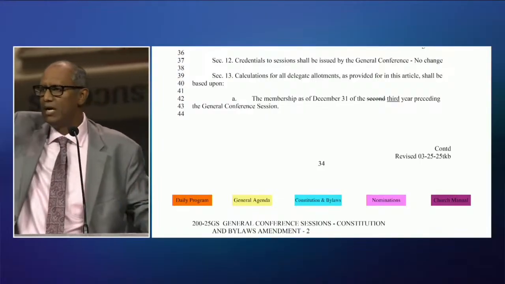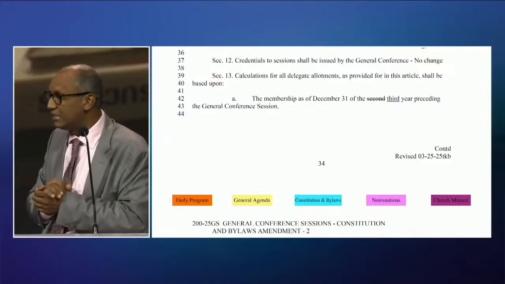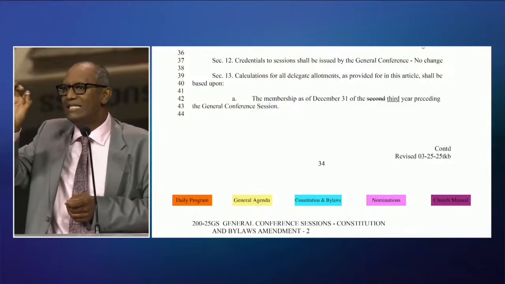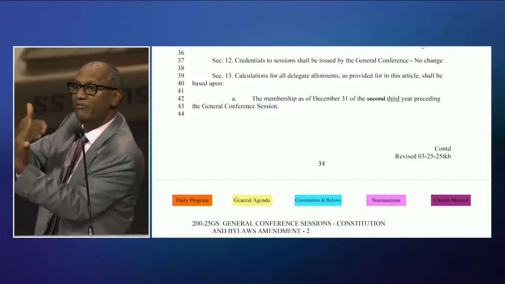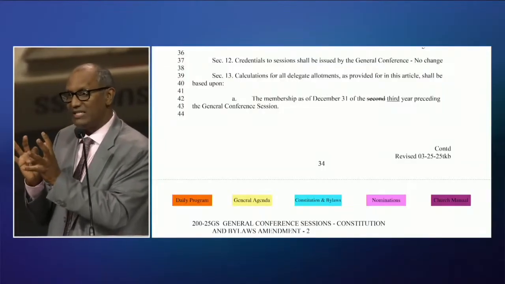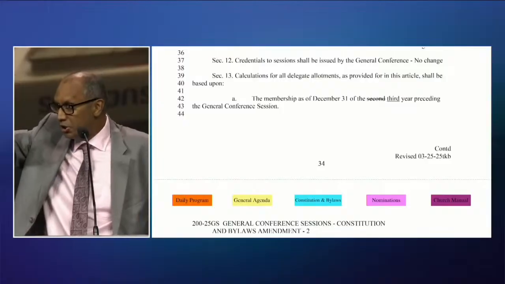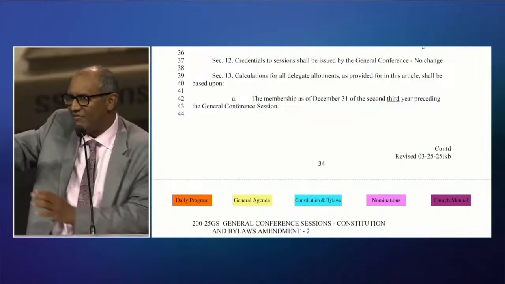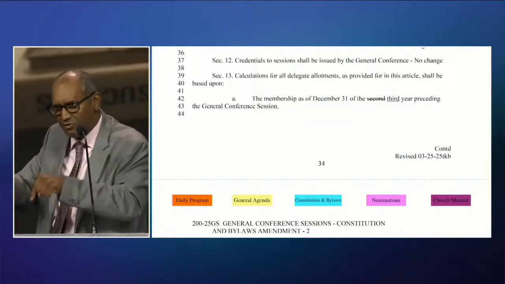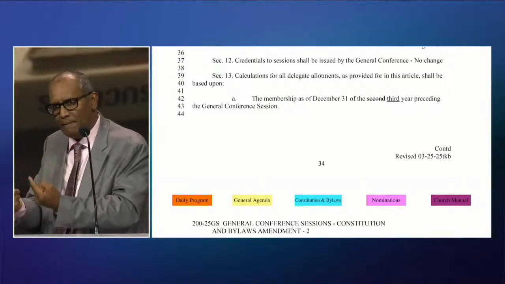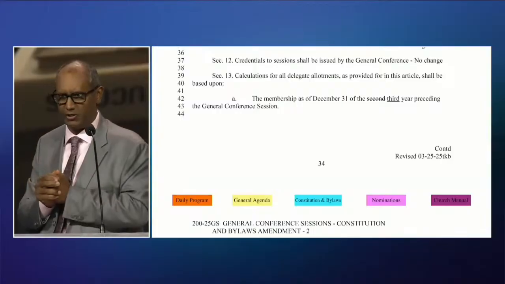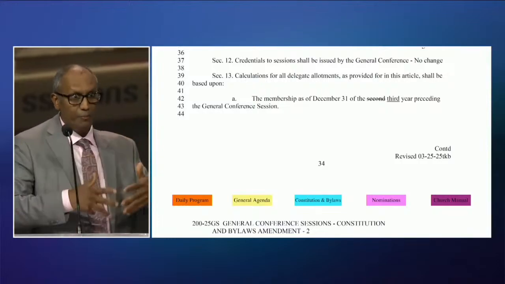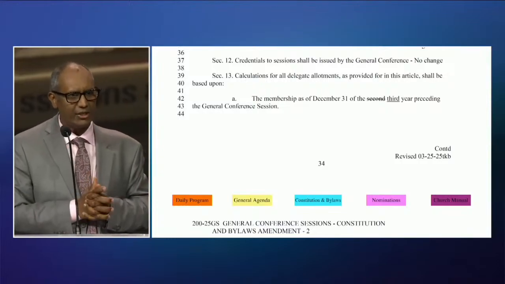So if we are preparing a GC session in 2030, as of December 31st, 2028, 2 years before, we will use the membership at that time. We will use the number of entities that we have at that time. So the cutoff date currently is 31st of December, 2 years before a session. This gives us roughly a year and a half to prepare delegates for a GC session.